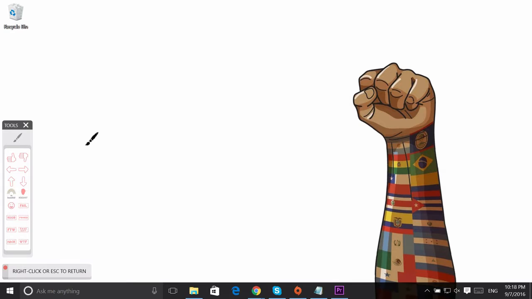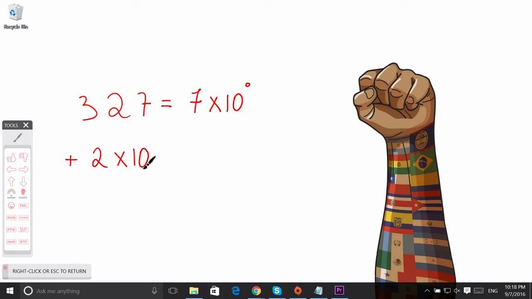For example, let's look again at 327 and apply the formula. 327 is equal to 7 multiplied by the base 10 to the power of 0, plus 2 multiplied by 10 to the power of the weight, in this case 1, plus 3 multiplied by 10 to the power of the weight 2.